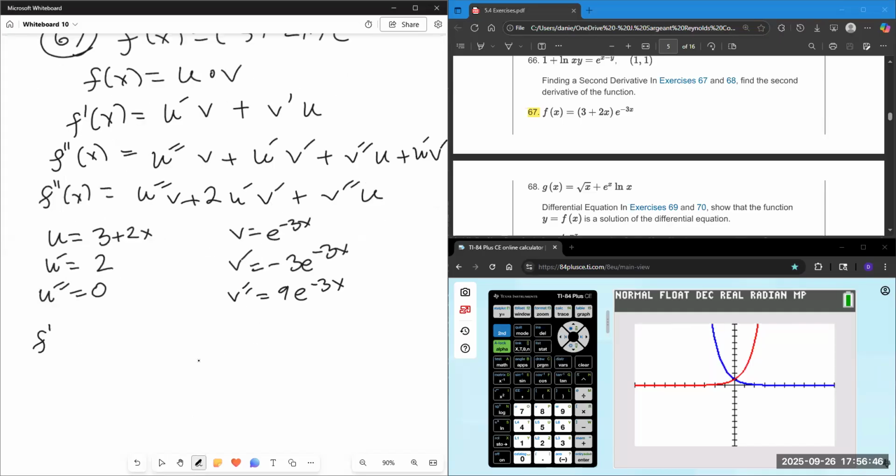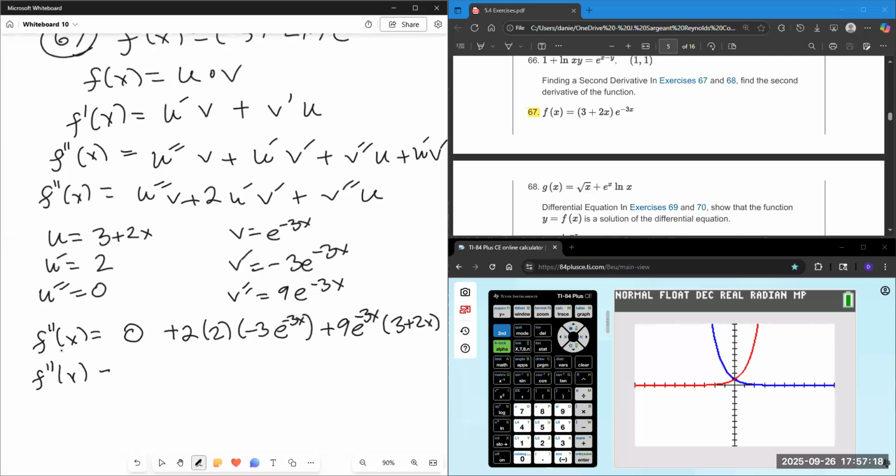So f double prime of x is equal to 0 plus 2 times 2 times negative 3 e to the negative 3x plus 9 e to the negative 3x times 3 plus 2x. Look for common factors if they exist.